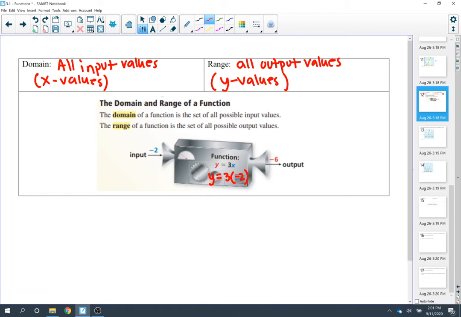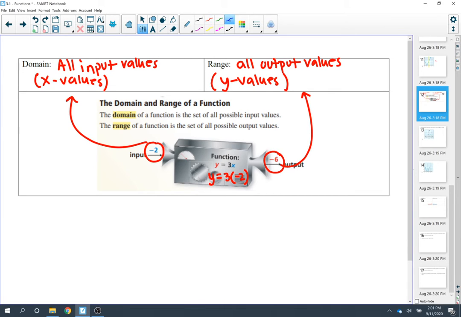Then what comes out of the function, you actually do 3 times -2, which gives you -6, which is called the output. So if this was our specific function, the domain would be the -2, or it would be part of the domain, and then the -6 would be part of the range.